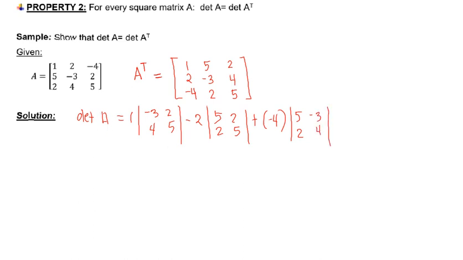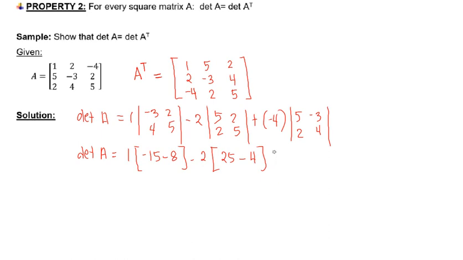So solving for the determinant of A, so evaluate natin yung 2 by 2 matrix natin. So that is 1 times, that is negative 15 minus this is 8 minus 2. The product of this downward diagonal is 25 minus the product of the upward diagonal, that is 4, minus 4 times the product of this downward diagonal is 20 minus the product of the upward diagonal, that is negative 6.